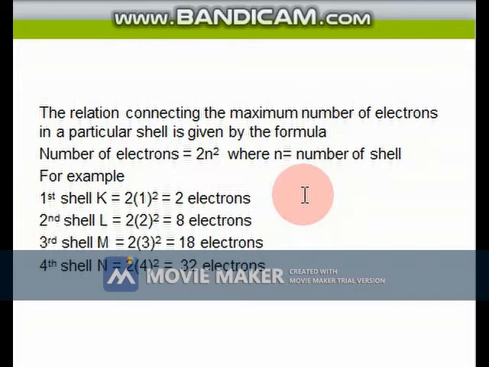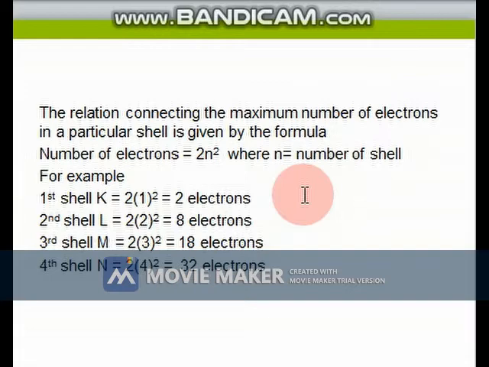If we look at what we just did, the first shell will have 2 into bracket 1 raised to the power 2. That will give us 2 electrons. For the second shell, L, n is 2, and 2 times 2 squared gives us 8 electrons. And then the third shell gives us 18 electrons. So it follows that formula.